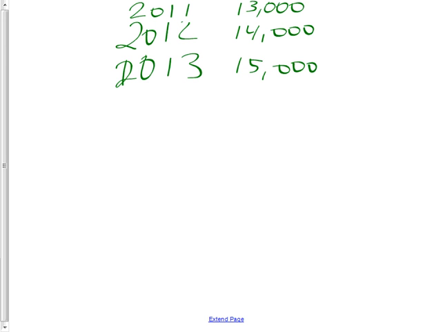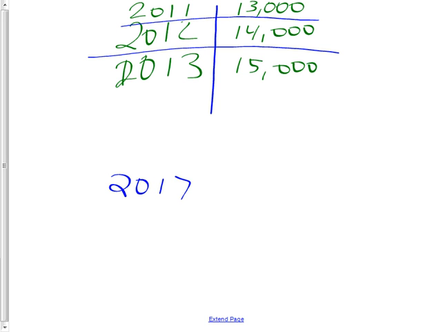Then make a prediction in the year 2017. What will the Dow be at? So remember, this goes into L1 and L2, and it's under the Stat button on your calculator.